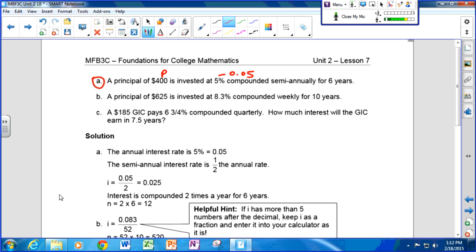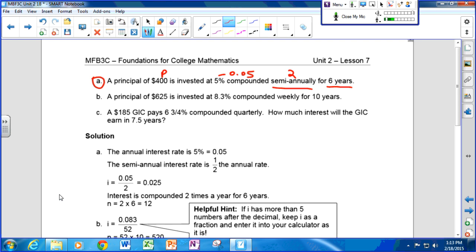Now that's, we were calling it R when we were looking at simple interest, but now it's actually part of our I, but it's not the whole I. Let's work it out. Compounded semi-annually, that's 2 per year, for 6 years.